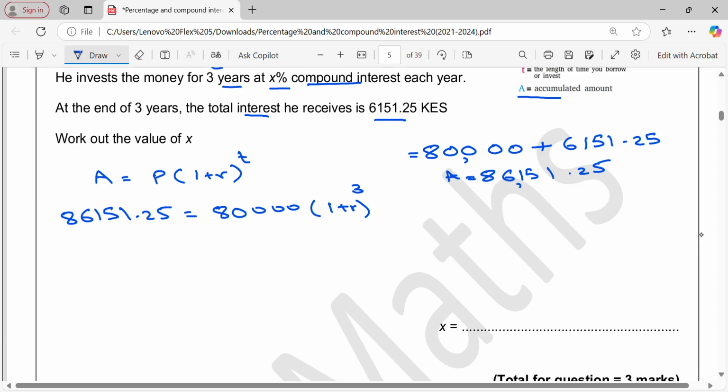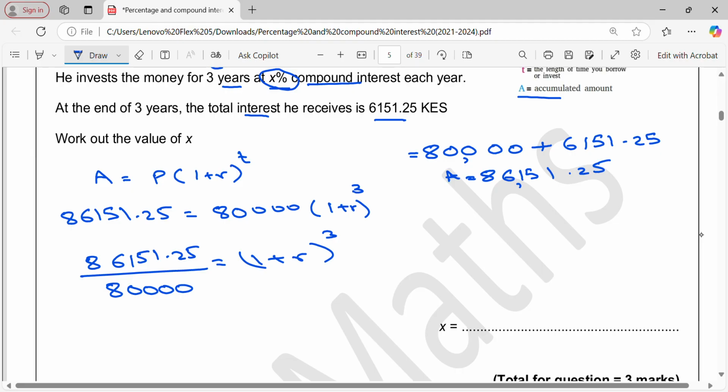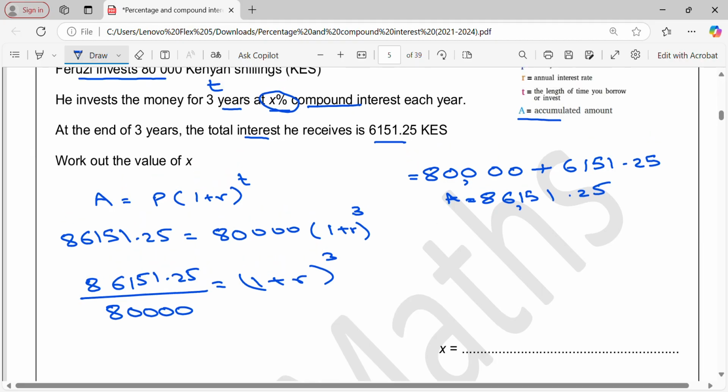Because I have to find the X percentage, the value of X, I will solve for X first. So let's divide 86,151.25 by 80,000, and it's for 3 years.